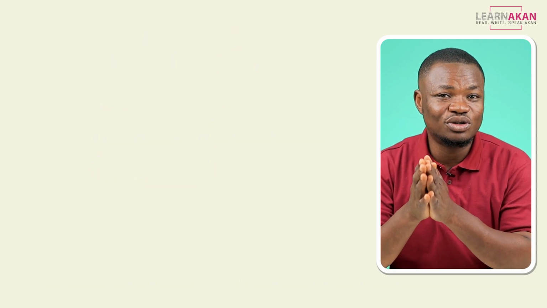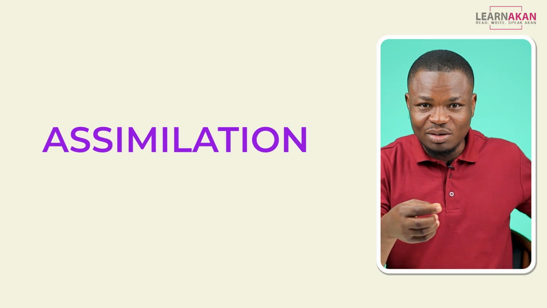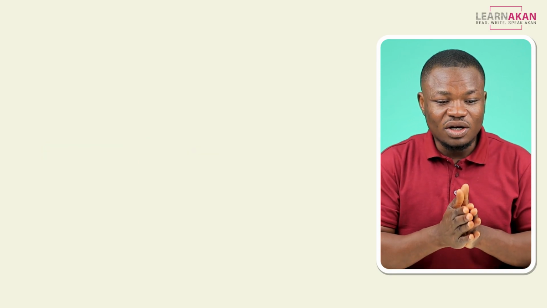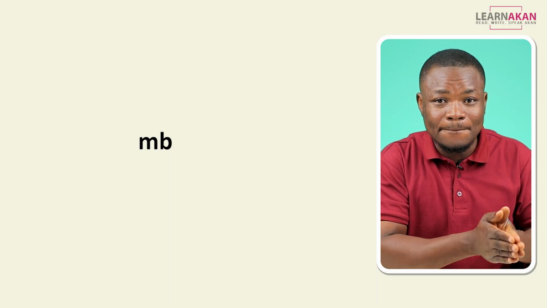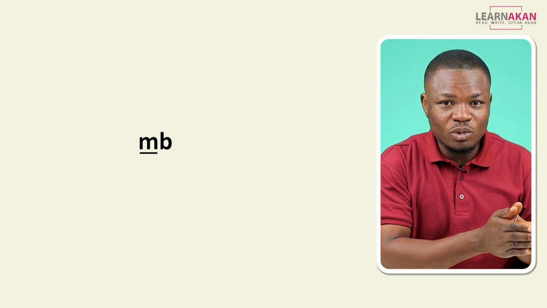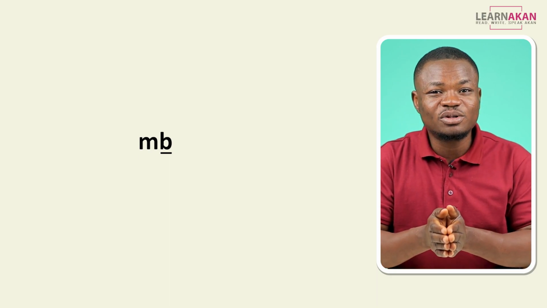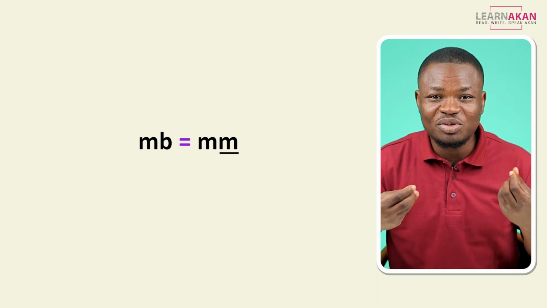The second one has to do with assimilation, and we mentioned this again in the previous lesson. We said in Twi, typically when you have b and what comes right before that is usually the, the will assimilate the b. So the will cause the b to change into as well to allow for easier pronunciation.